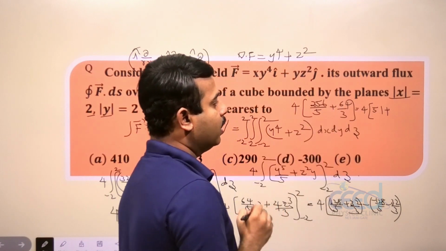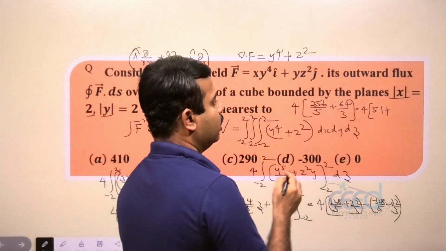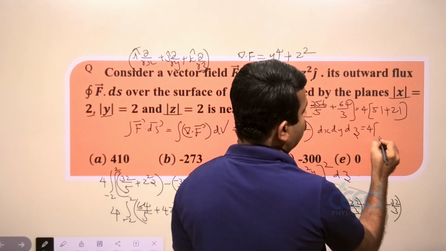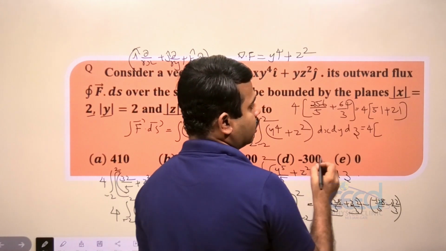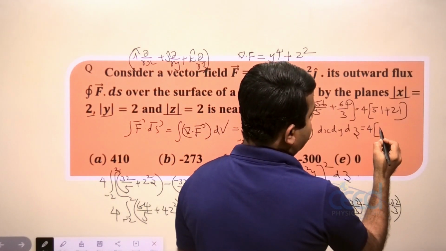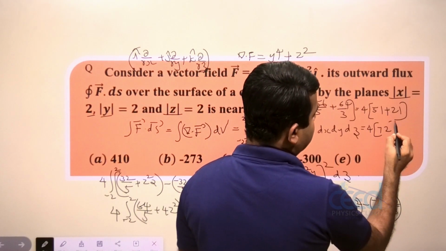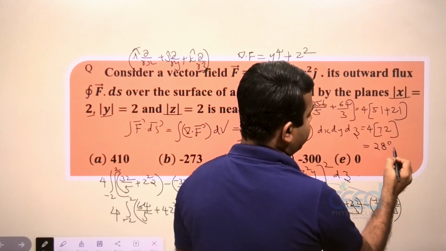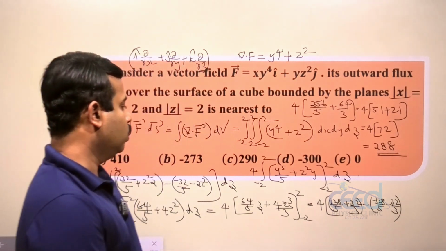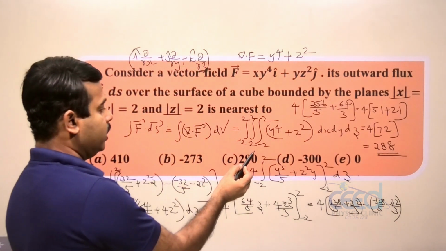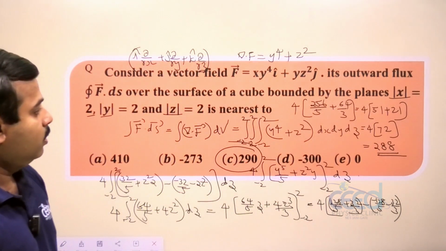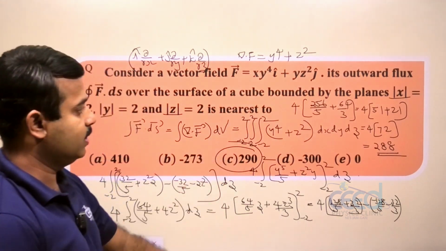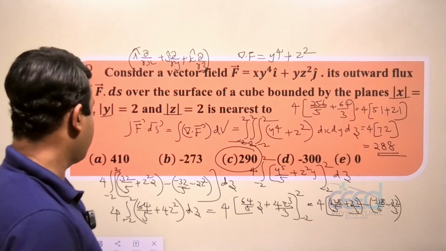In 64 by 3, how many 3s are there, that is also 21, then 4 into 51 plus 21 is approximately 72, 72 into 4 is 288. So approximately the value is 290, so option C is correct.